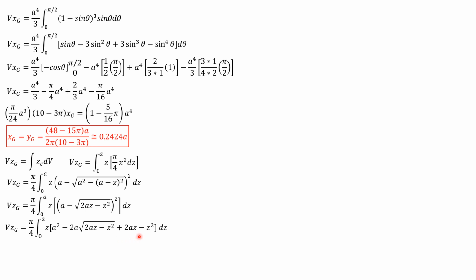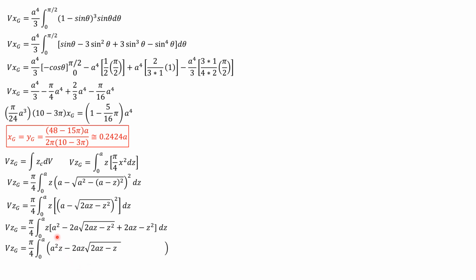that's the result after we double the product of these two, then square of the second term. So volume G sub z equals pi over 4.